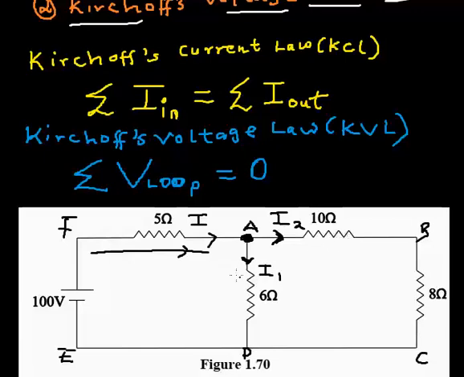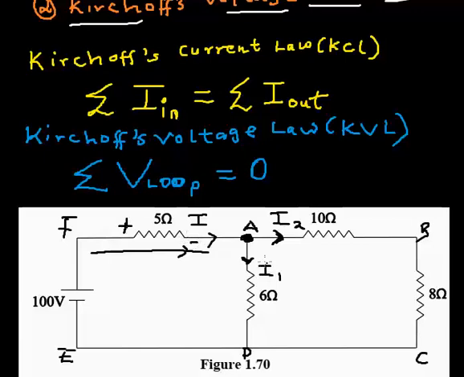Now there's one thing you should know about resistors. If you trace the direction of the current flow, the very first terminal that the current meets in a resistor is always positive. So the very first terminal of this 5 ohm resistor is positive, and of course the other terminal is negative.